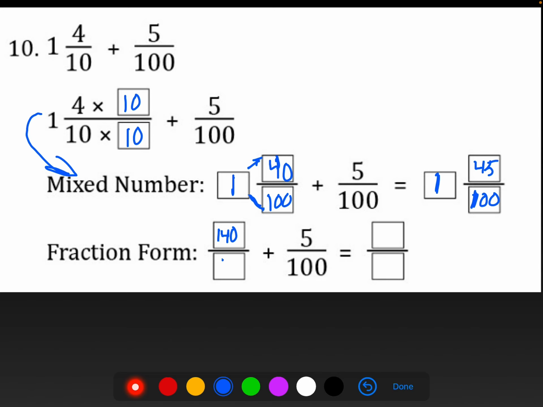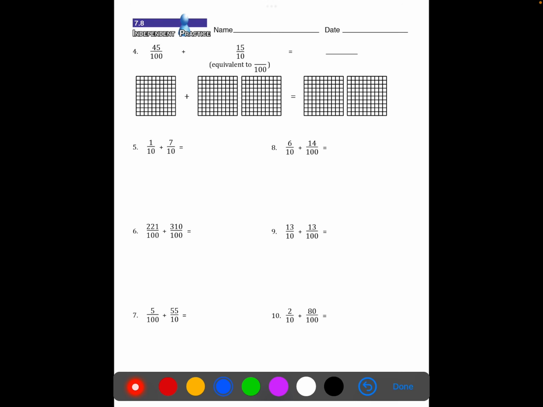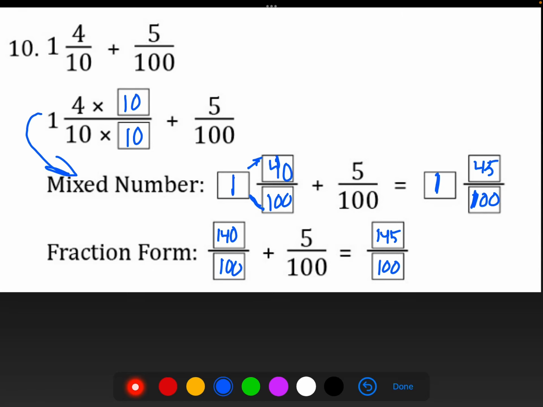So 140 over 100. Then we add them up. 145 over 100. And again, we know that's correct because 100 goes into 145 one time with a remainder of 45, because 145 minus 100 is 45 over 100.